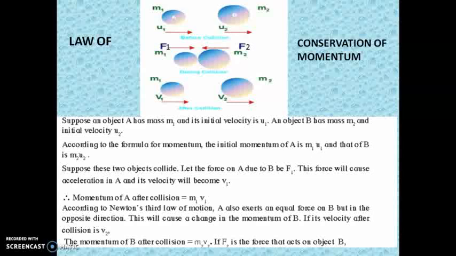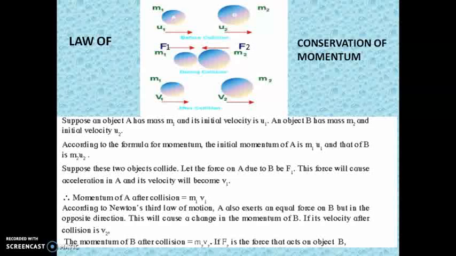Now, suppose these two objects collide. Let the force on A due to B be F1, the action force. This force will cause acceleration in A, and its velocity will become v1.